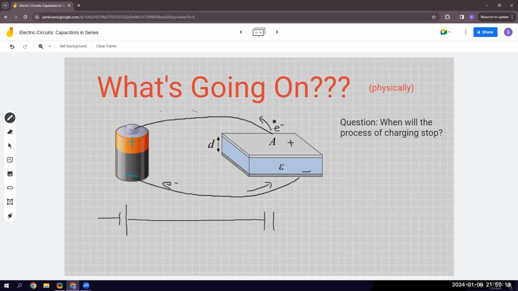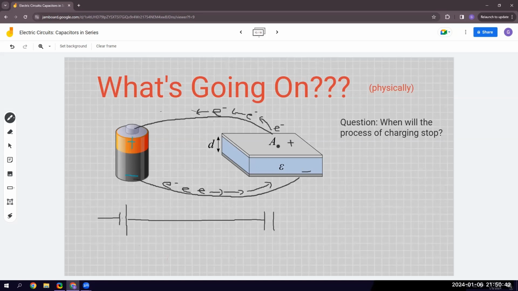Then another electron leaves the plate attracted to the battery, and another electron leaves the battery going to the plate, and then another electron leaves the capacitor going to the battery, and then another electron leaves the battery going to the capacitor, and so on by the quadrillions.